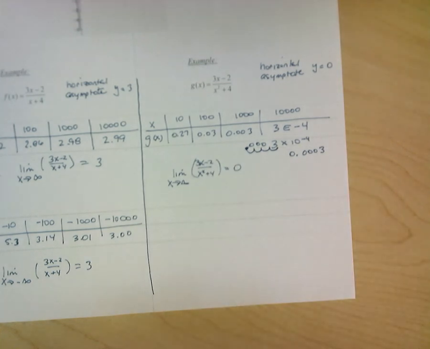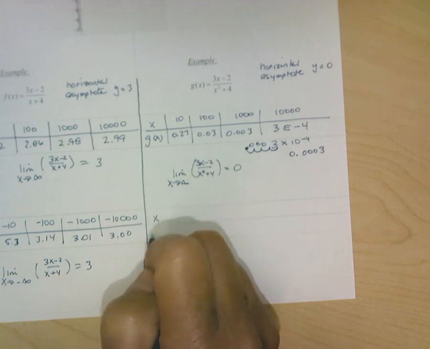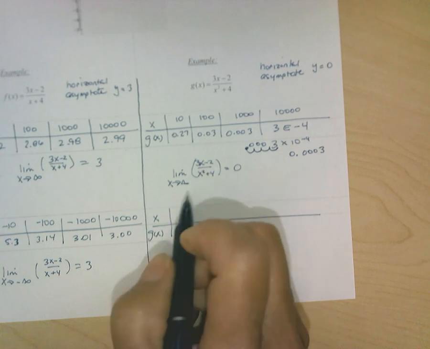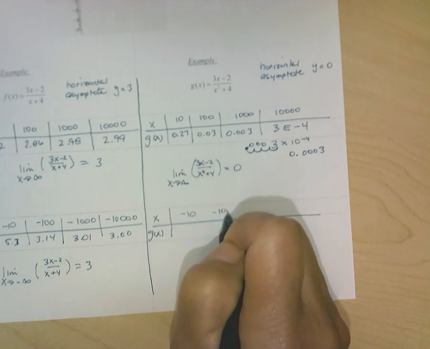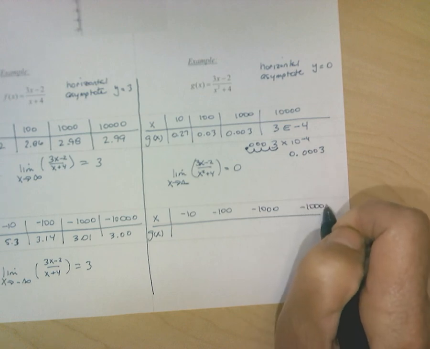So the limit as x approaches infinity of 3x minus 2 over x squared plus 4 is going to equal 0. And I can do the same thing, check for negative infinity. So I'm going to do negative 10, negative 100, negative 1,000, and negative 10,000.